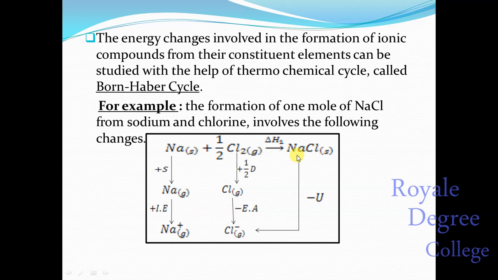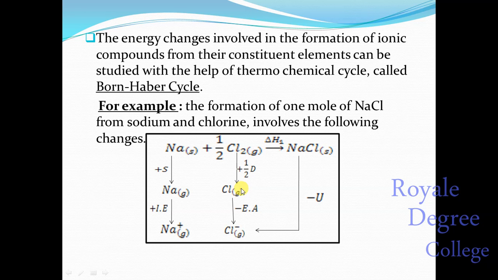It may occur in other steps also. Sodium in the form of solid undergoes the sublimation energy S, and as a result we are getting sodium in the form of gas. Then the sodium gas, after absorbing the ionization energy, is converted to Na+ ion in the form of gas.